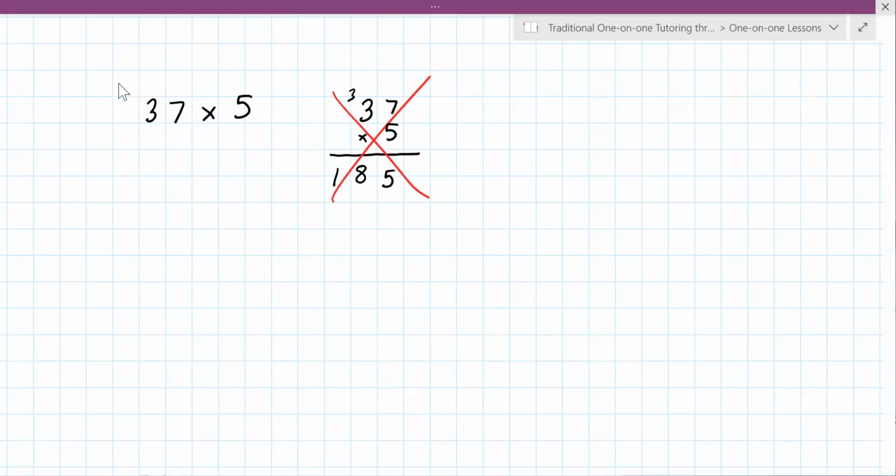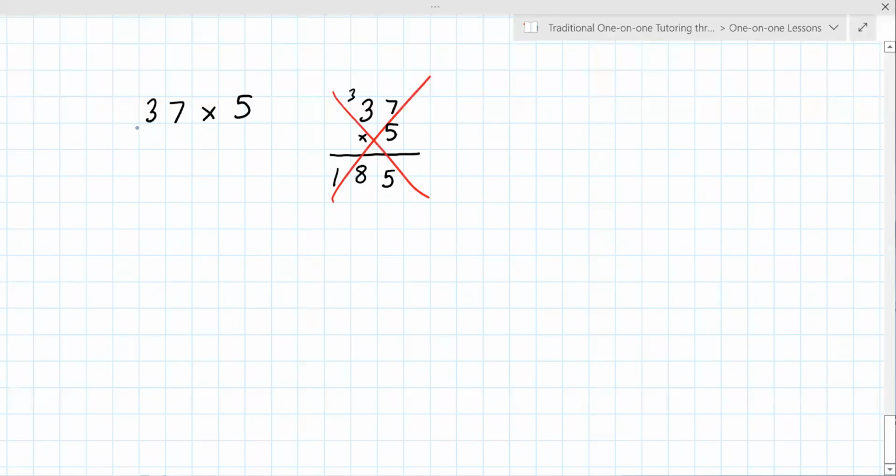Instead, we're going to break apart 37 into 30 plus 7. Have you seen that in class, or is that just totally unfamiliar to you? Unfamiliar. Okay, so you've not seen this before. All right, very good.